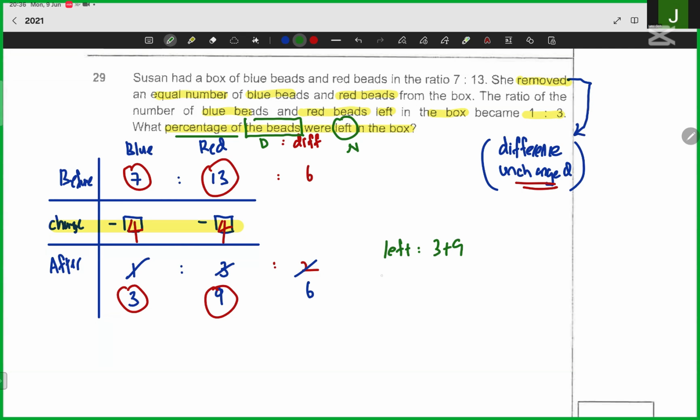My total is 7 plus 13. So 3 plus 9 is 12. 7 plus 13 is 20. So 12 out of 20 changed into percentage. So multiplied by 100. Divide 5, 1. 12 times 5, 60%. Answer.